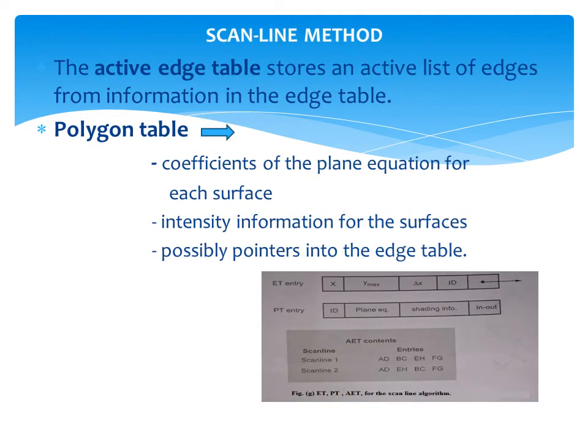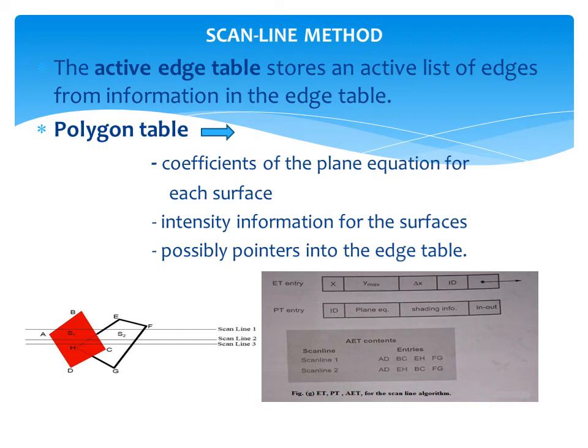The active edge table stores an active list of edges that will be taken from the edge table. See the first diagram over here. Active edge table entries for scanline 1 are AB, BC, EH, FG. For scanline 2, AD, EH, BC, FG.